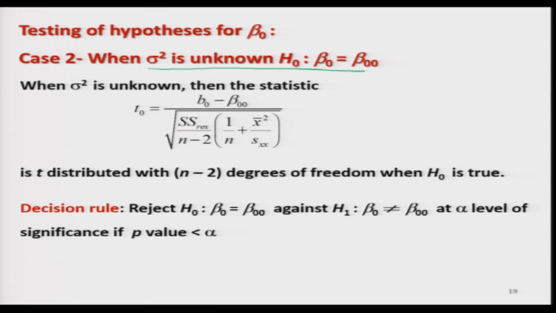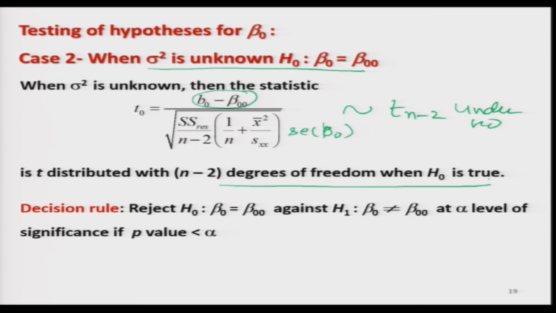And similarly, when sigma square is unknown, in this case we will have a t statistic, and this statistic is given by b0 minus beta double naught divided by the standard error of b0. If you try to find out using the rules of probability theory and probability distribution, this statistic will have a t distribution with n minus 2 degrees of freedom under H naught, or when H naught is true.